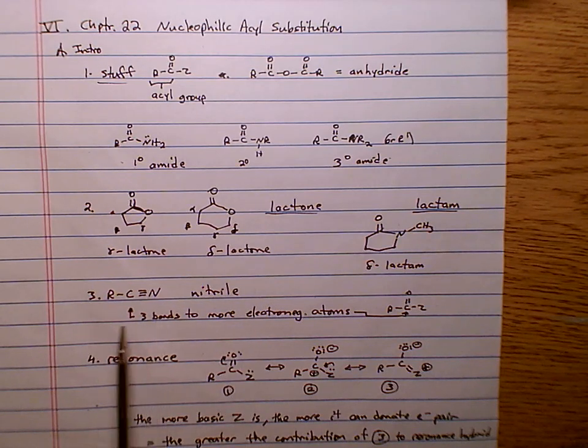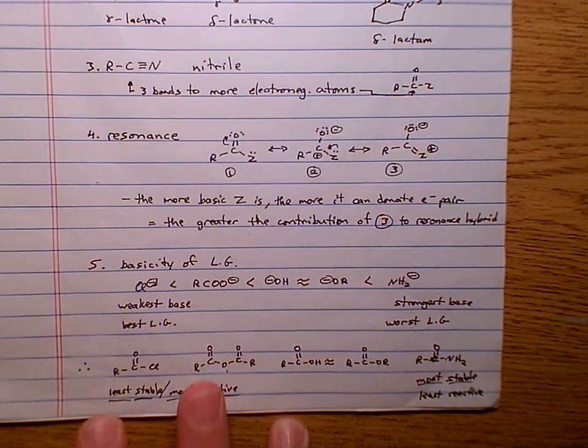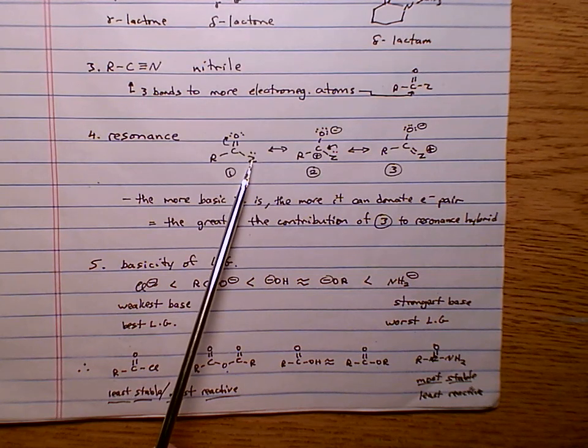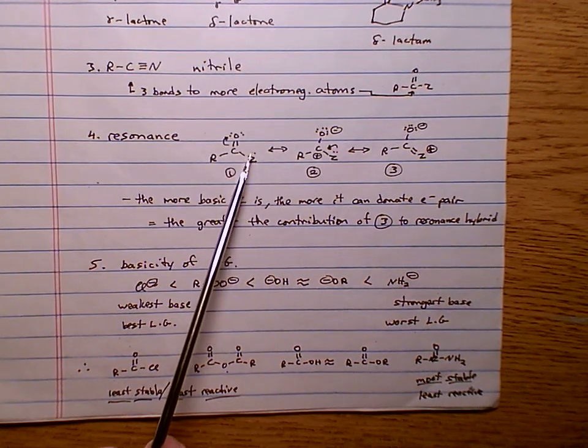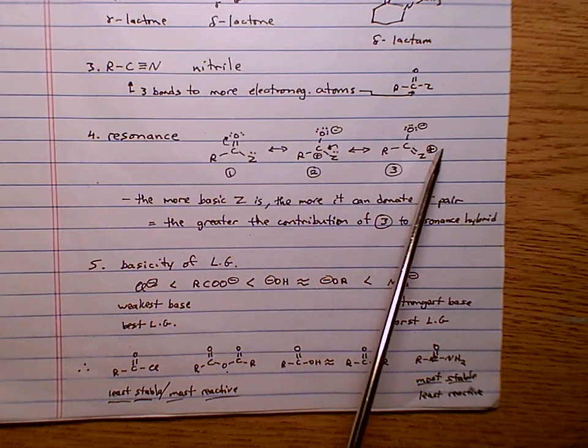So we tend to lump nitrile chemistry in with our RCOZs because we're going to see some fairly similar types of reactions. All right. Note all these RCOZs have resonance forms because most of our Zs are either oxygen or nitrogen or chlorine, and they've got a lone pair on them. So we have these resonance forms here that give the Z just a little bit of positive charge through resonance.